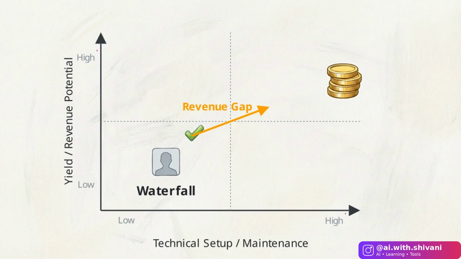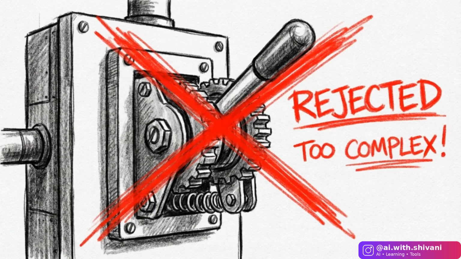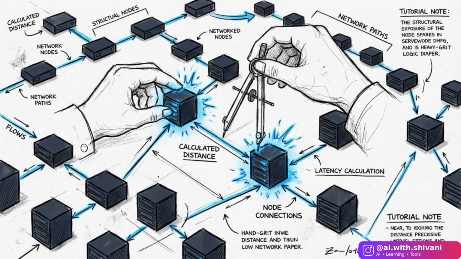Fractions of a cent per impression create huge revenue gaps. That's when you graduate to header bidding, hiring ad ops support, and enforcing strict page speed monitoring to manage the load. The programmatic ecosystem isn't a single switch you flip. To build a sustainable business, choose the architecture that matches your technical reality today, not just your revenue goals for tomorrow.